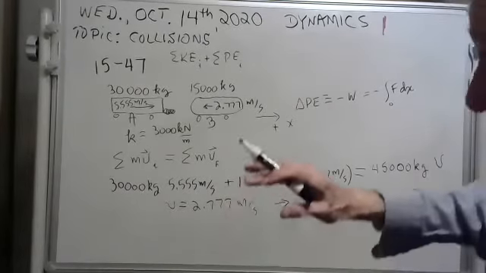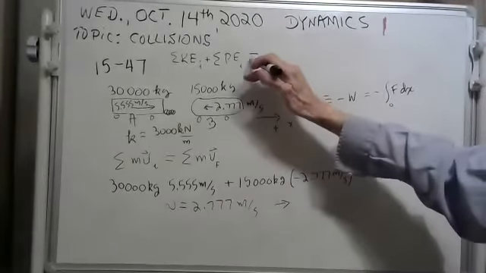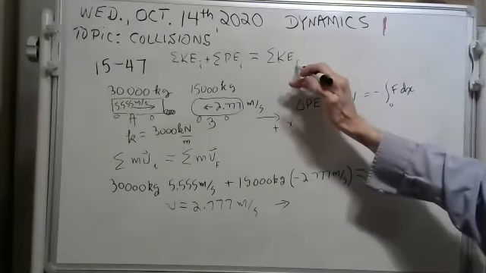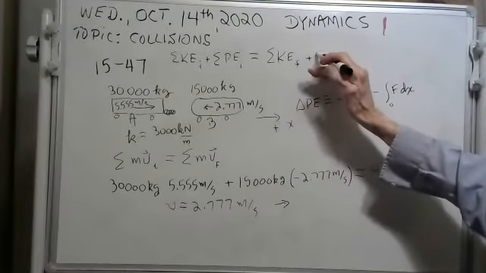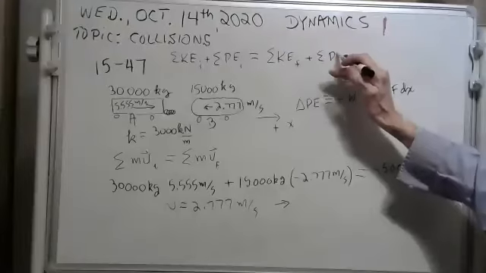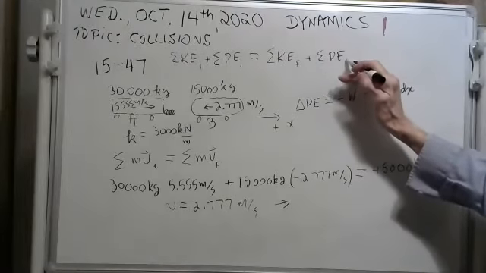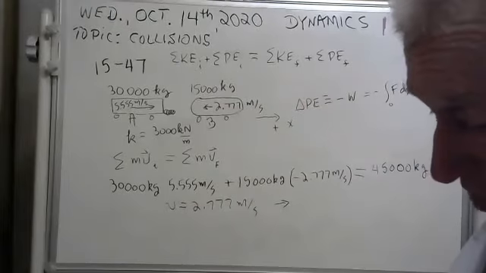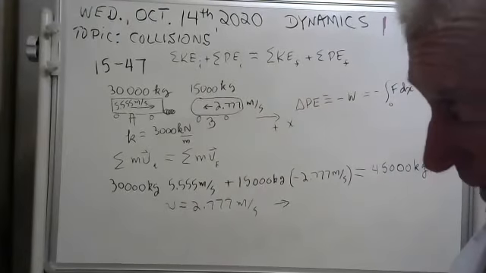We don't need to worry about gravitational potential energy, is equal to the final kinetic energy plus the final potential energy. Now, this equation has a name. It's called the conservation of mechanical energy.